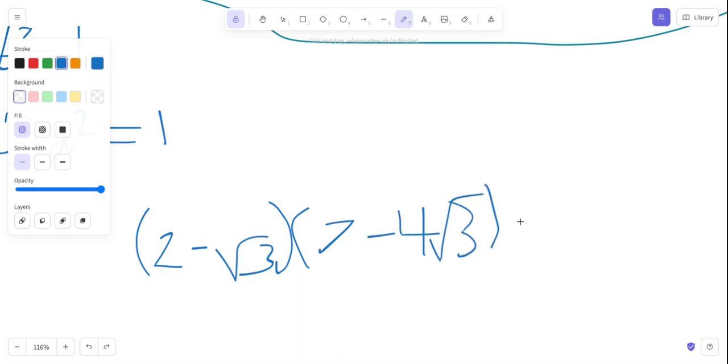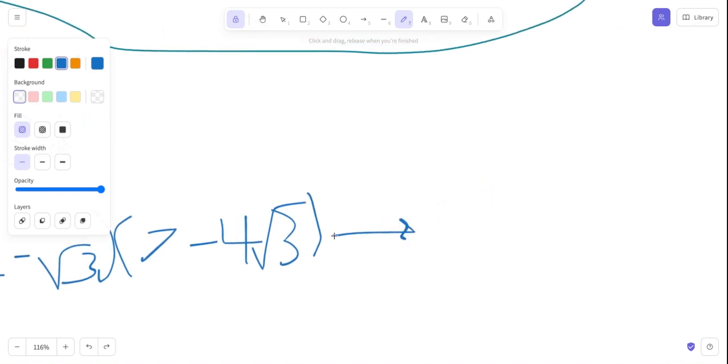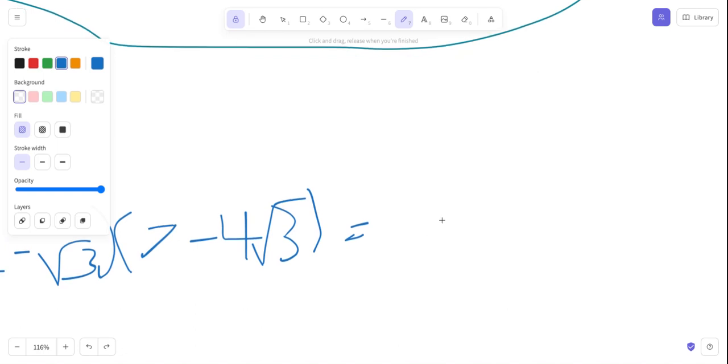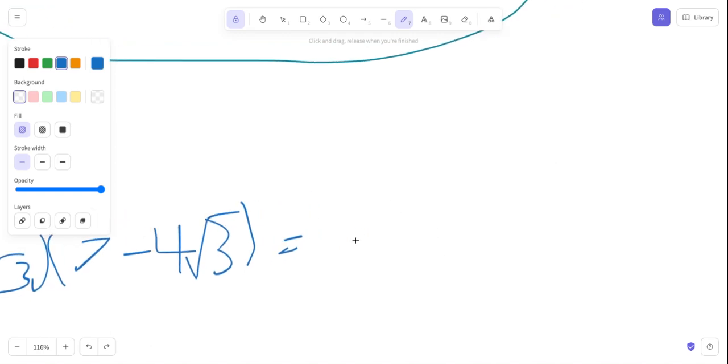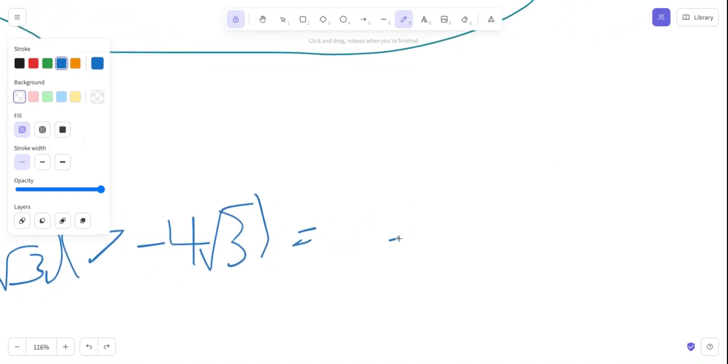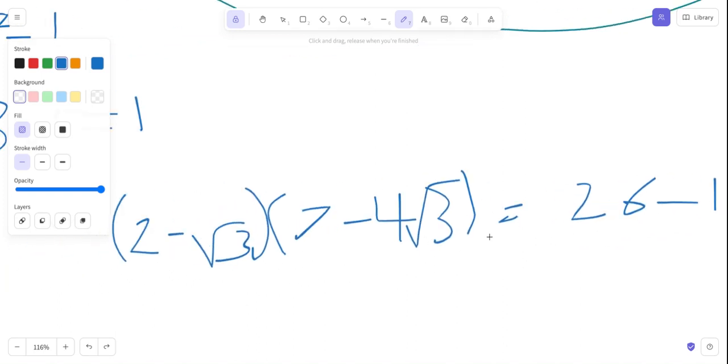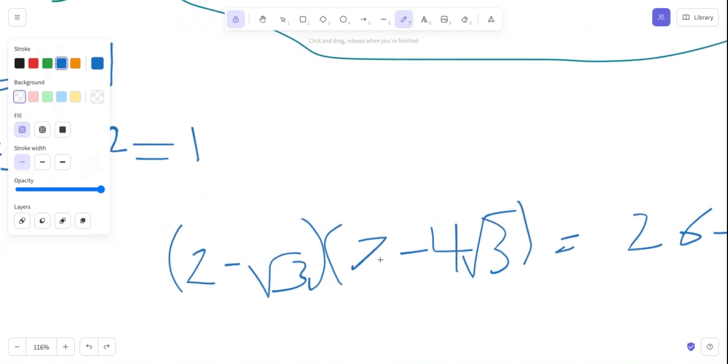So if you multiply this out, you get 26 minus 15 root 3, apparently, because I'm checking it.